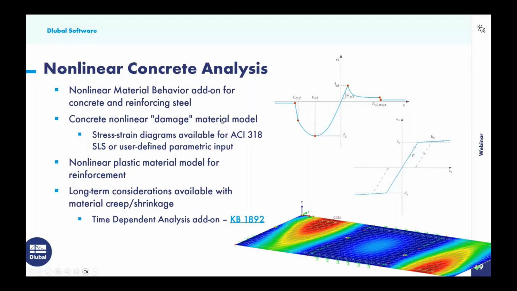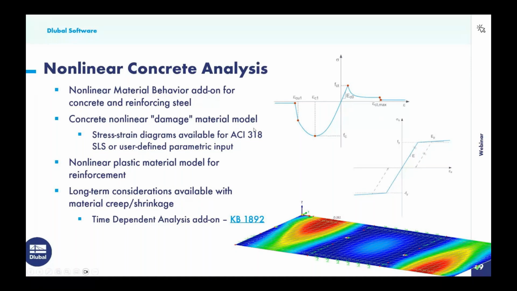And we have a few options for the stress strain diagrams. The first is that within our dropdown, which we'll see in our example, we can select the ACI 318 for serviceability, or we can toggle this to the user-defined parametric input, perhaps if we were carrying out the ultimate or the strength limit state, interested not only in deformations, but how our internal forces would change.